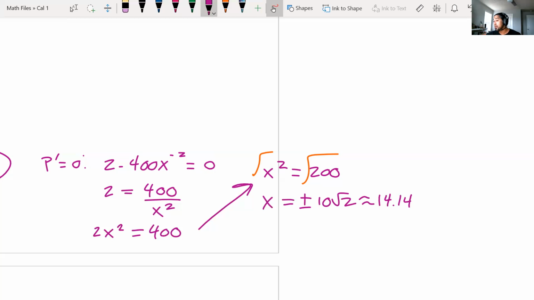Okay, well, since this is a rectangle and we're talking about length, we know we can only keep the positive one. So here, x equals 14.14 feet.